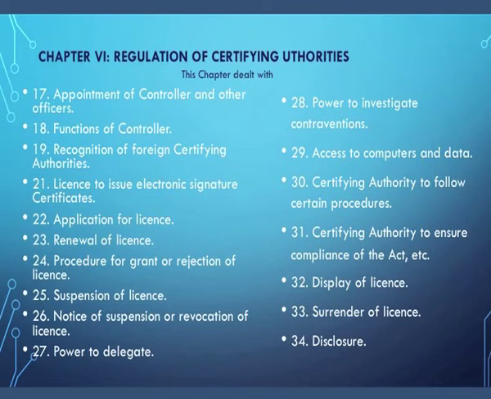Now, coming to chapter 6, regulation of certifying authorities. The chapter embraces many items relating to the controller, the other officers, licenses, certifying authority and so on. It starts with appointment of the controller and other officers and continues with such sections as the functions of the controller and recognition of foreign certifying authorities.